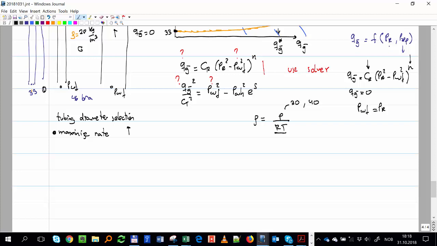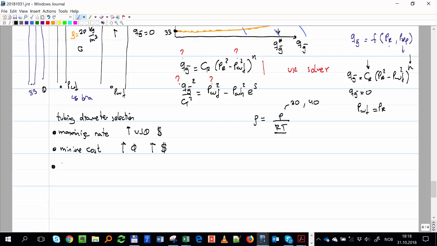That gives me US dollars, or good benefit. But at the same time, I want to minimize cost. A high diameter is also very costly. So I have an issue there.